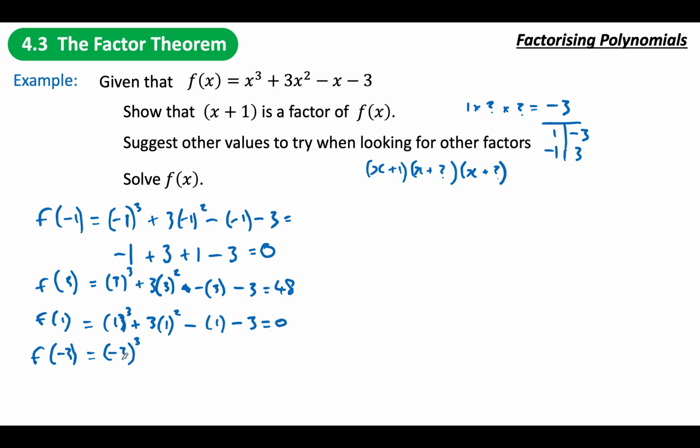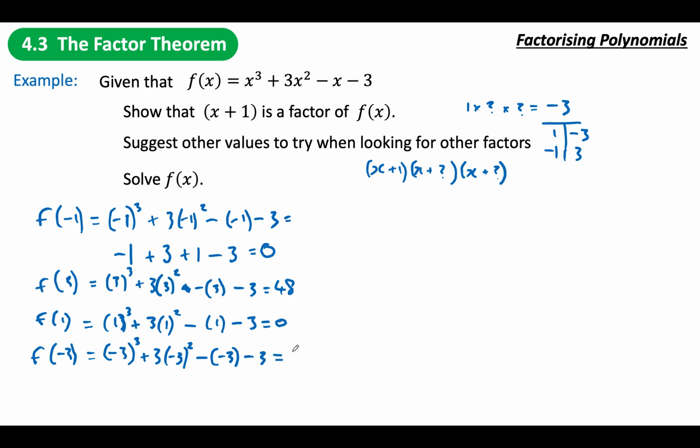-3 cubed is -27, plus 3 lots of -3 squared. Well, -3 squared is +9. Times that by 3, we get +27. So these have cancelled out. -27 and +27. We then take away -3, which is +3.